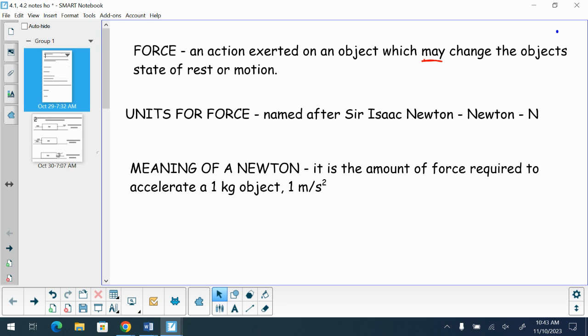Definition or meaning of a newton. It's the amount of force required to accelerate a 1 kilogram object 1 meter per second squared.